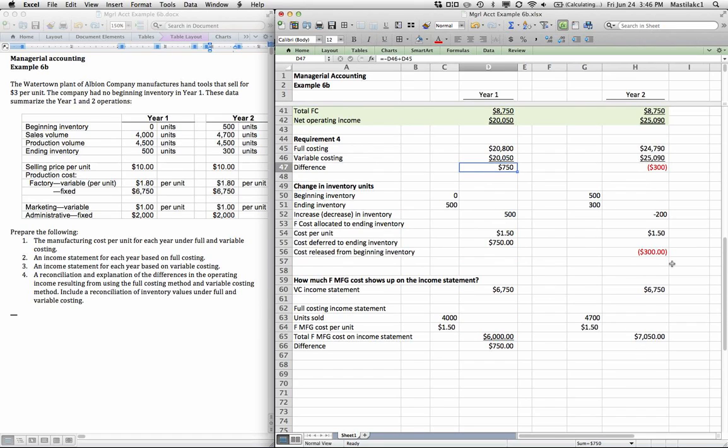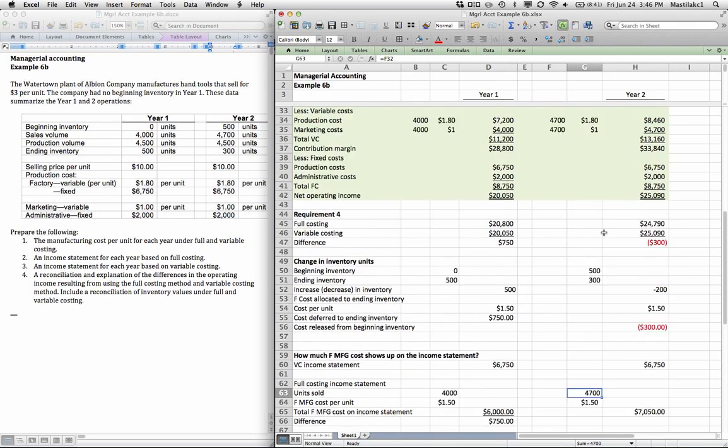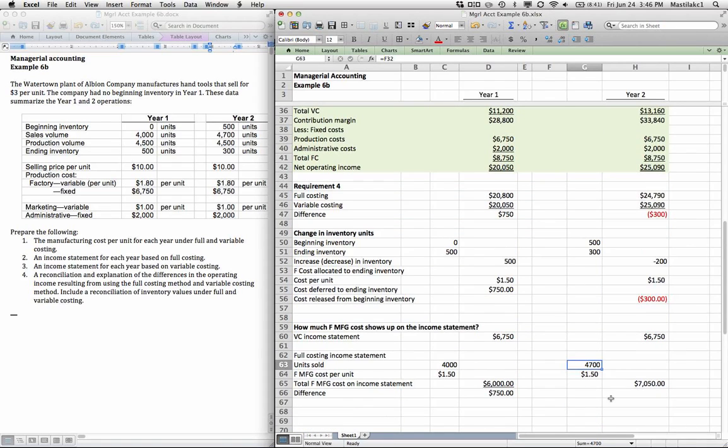In year two, our variable costing income statement shows the full fixed overhead cost of $67.50. Our full costing income statement shows 4,700 units sold, and it has the fixed cost of $1.50 per unit on those units sold. So it has $7,050. So there's more overhead on the full costing income statement than on the variable costing income statement.